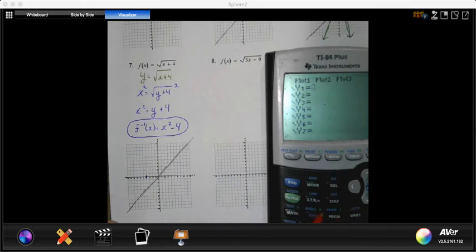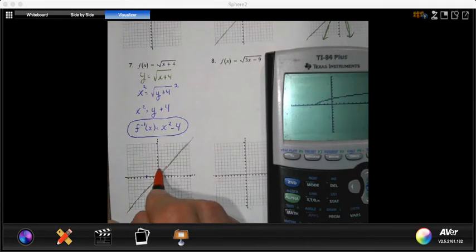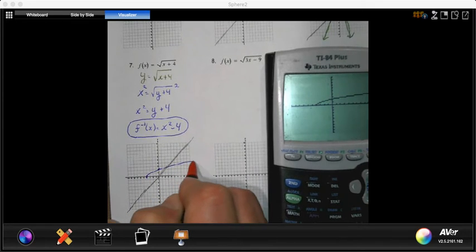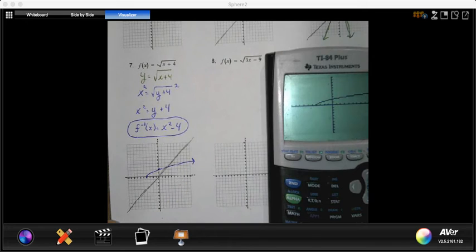So square root x plus 4. We want it to look good. So it goes through 2, and then it goes off screen, so it does one of these guys. Okay, now we're going to graph the other one, x squared minus 4. And that's a parabola.